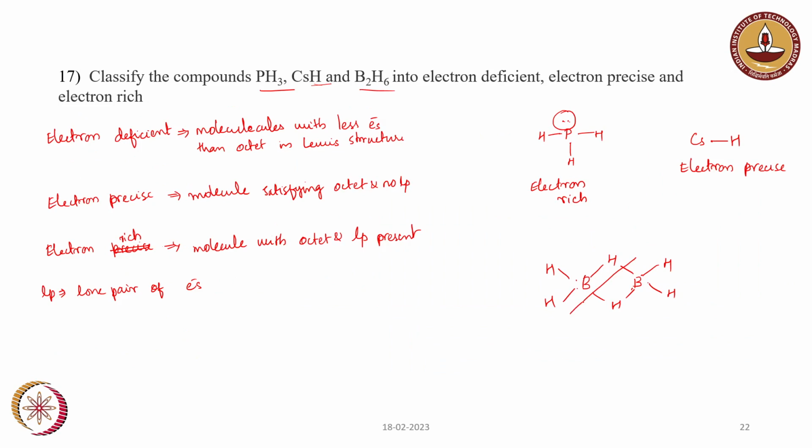If we split like this, one boron has only 3 bonds. So one boron has only 6 electrons in its valence, 6 bond pair electrons surrounding one boron. So it's less than an octet, so it is electron deficient.